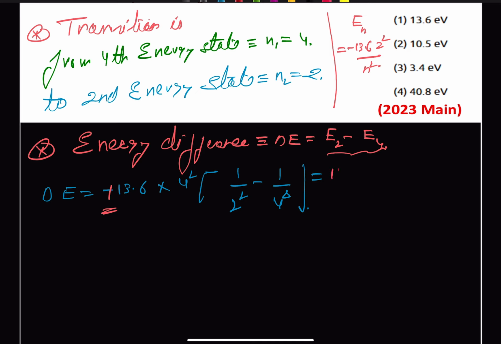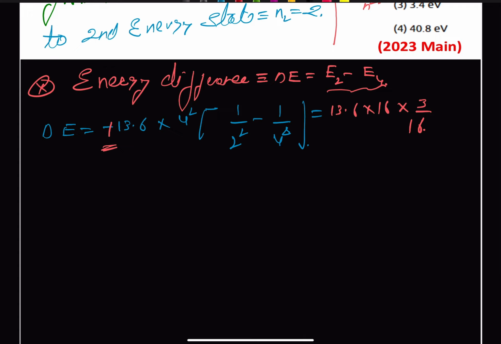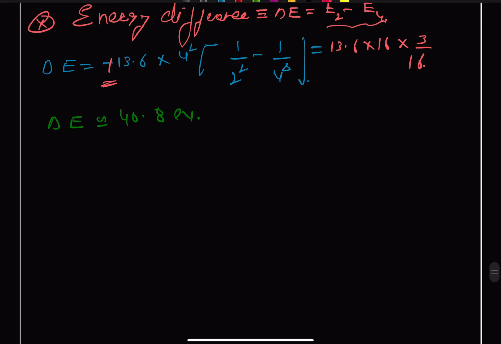So this gives us 13.6 multiplied by 16 multiplied by 3/16. So we can say our delta E will be approximately equal to 40.8 electron volt. So option number 4 is correct.